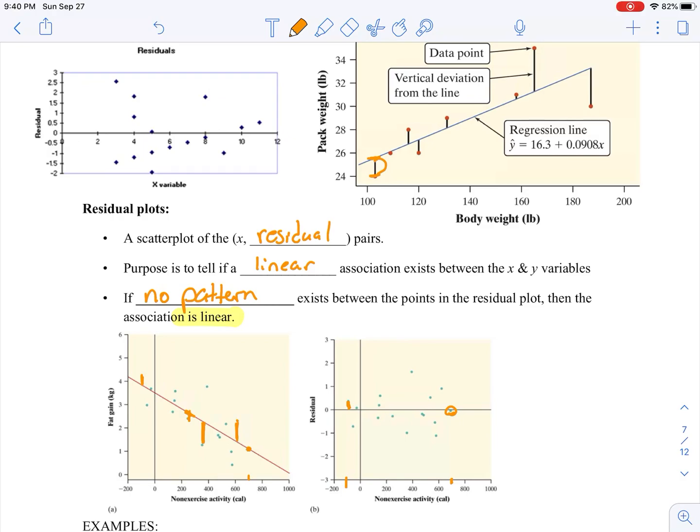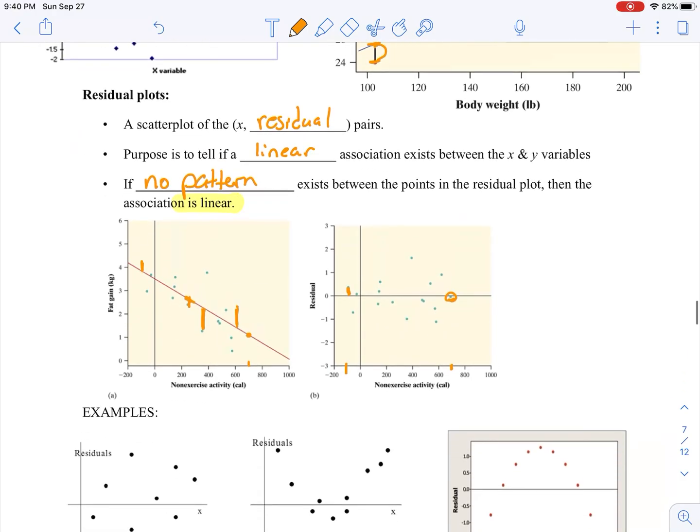I will write this down because I believe this is a part of when we have to describe the residual for a given point. We have to talk about over-predicted and under-predicted.